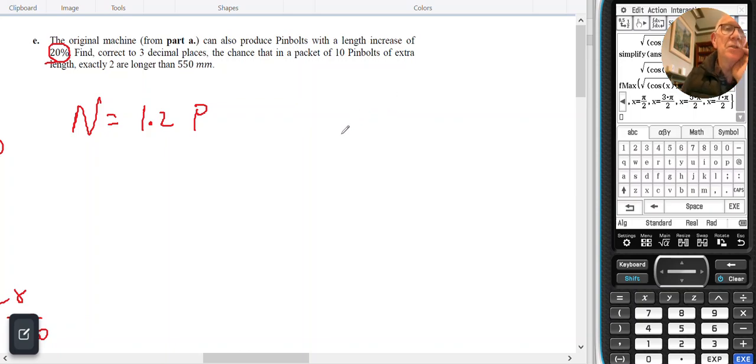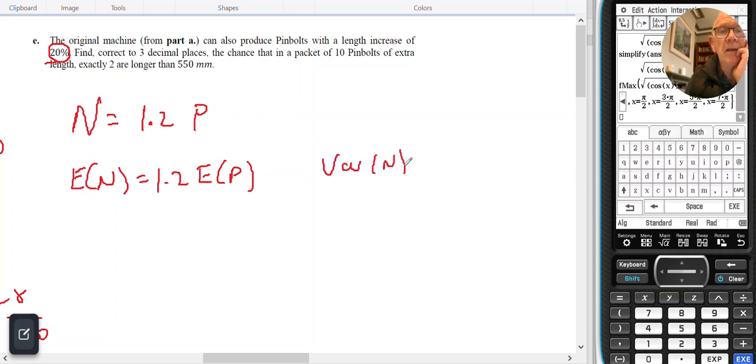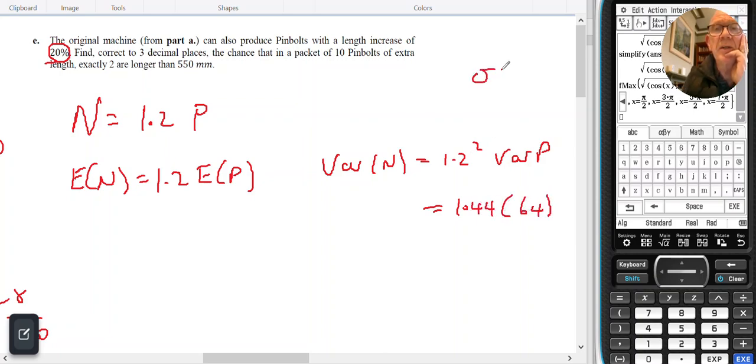Okay, so the expected value of N will be 1.2 times the expected value of P, and the variance of N will be 1.2 squared times the variance of P, which will be 1.44 times 64. Since the standard deviation of P was 8, the variance will be 64.